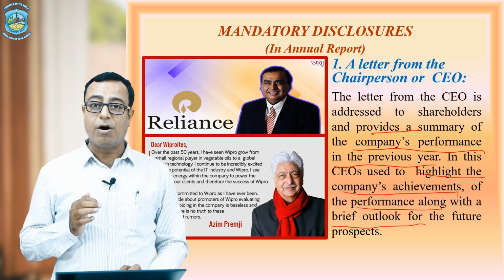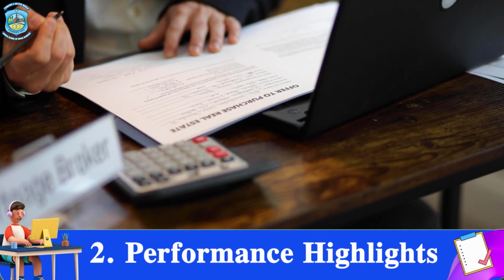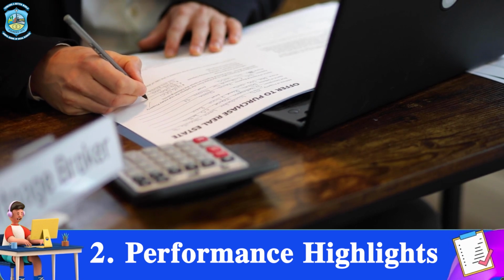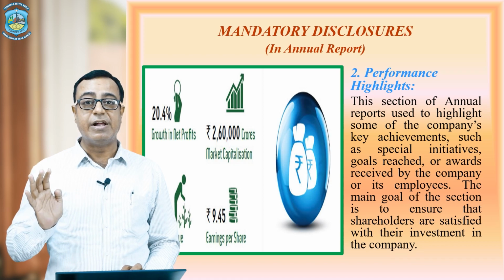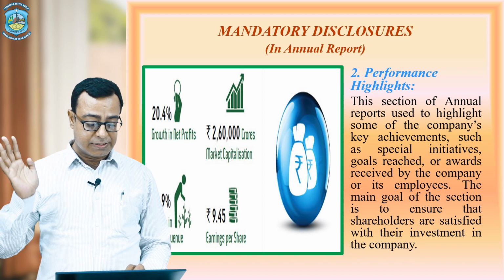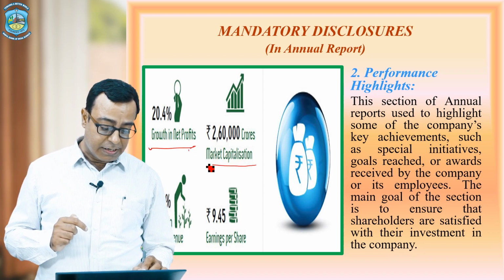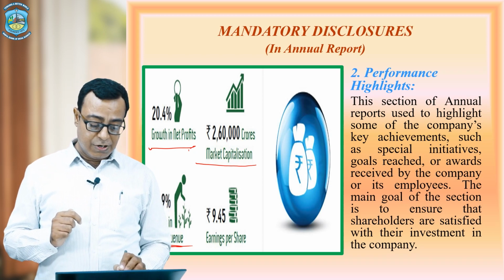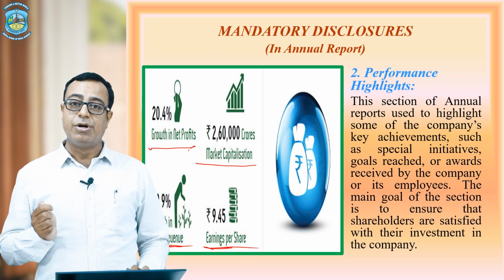The second part of mandatory disclosure is performance highlights. Performance highlight means the highlight of the performance of the company on financial matters. For example, the company can highlight the net profit growth, market capitalization growth, gross revenue growth, and growth in earning per share.